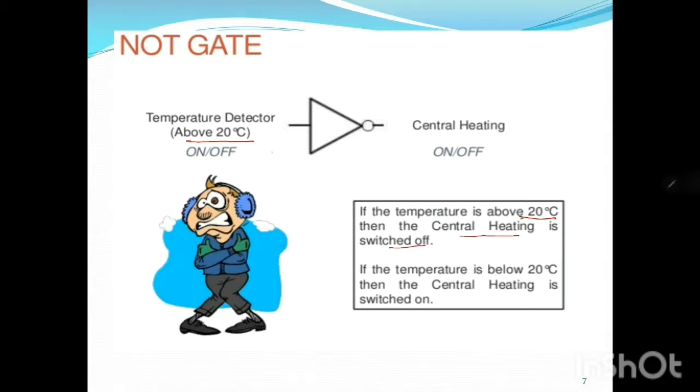Means input is high, output is low, we have to switch the central heating off. When your temperature is below a certain level, means input is low, in that case we have to switch this central heating on. Logically, we say input is high, output is low, and when input is low, output is high.